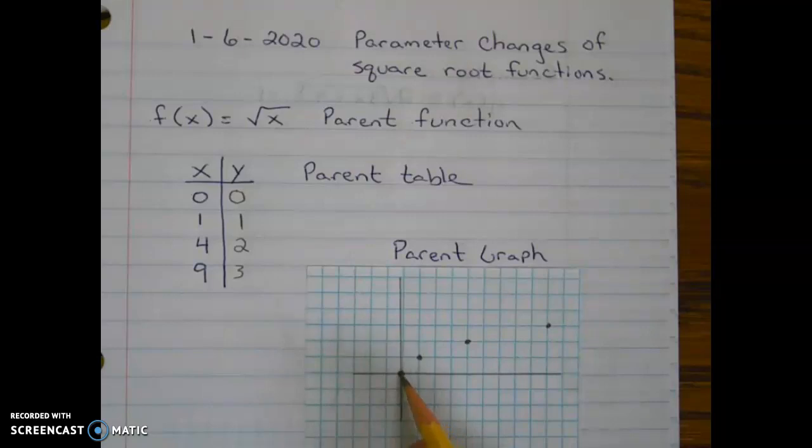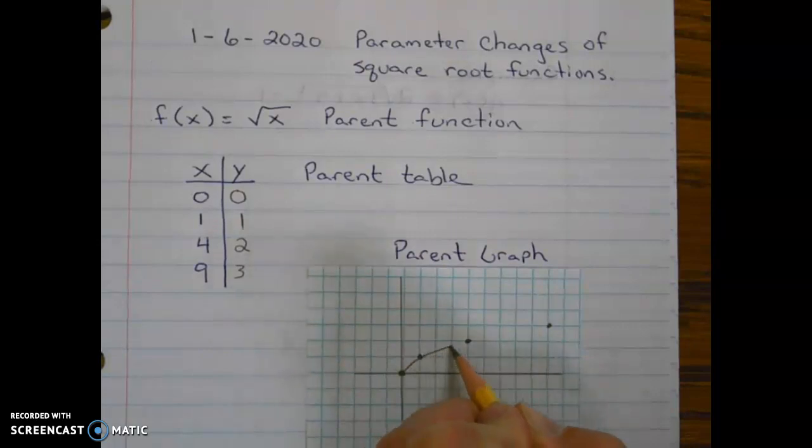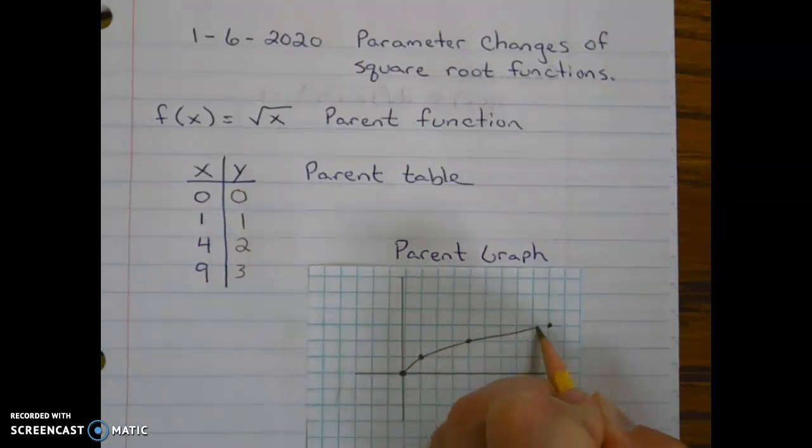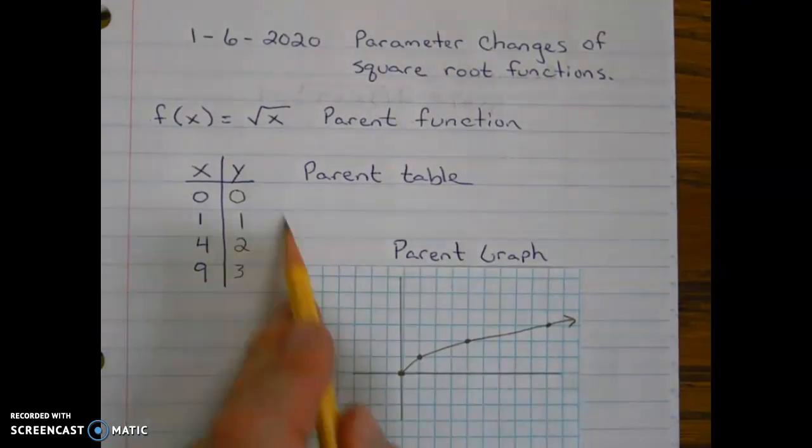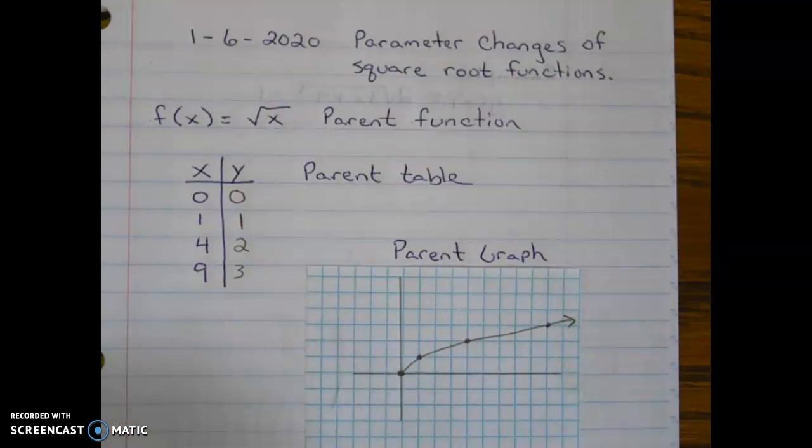This is the point that we would translate when we do transformations. Anyway, we're going to start here, and this is what our square root function looks like. I highly recommend that you memorize this table just like you memorize the parent table for quadratic functions.